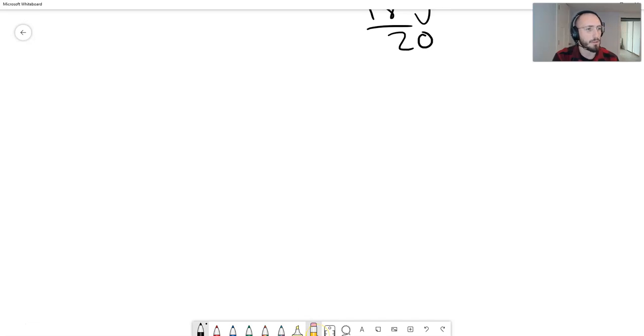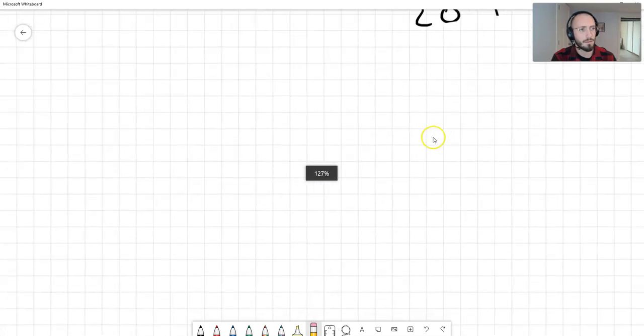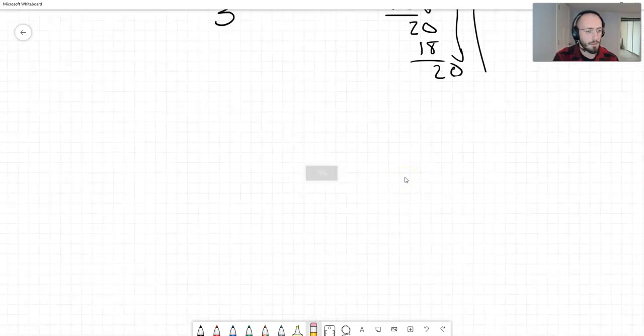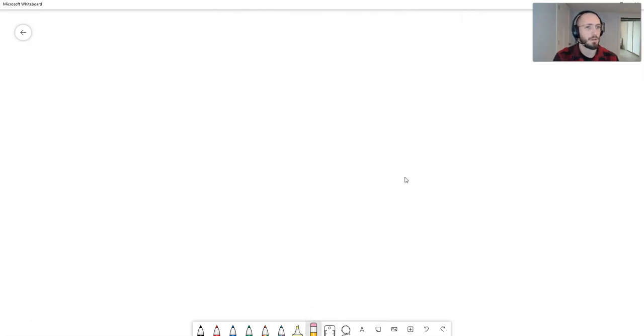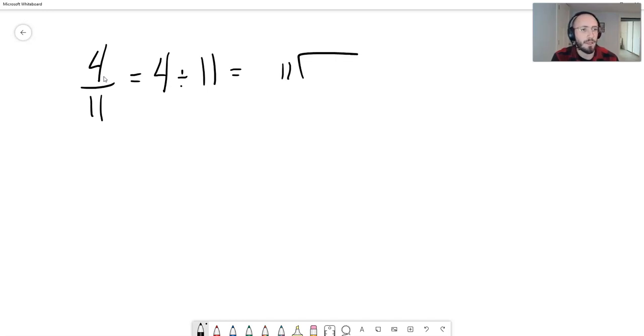I'll erase that so we have more room. All right. 4/11 is equal to 4 divided by 11. 11 does not go into 4, but it does go into 40.